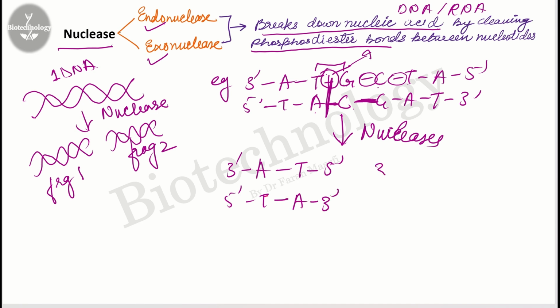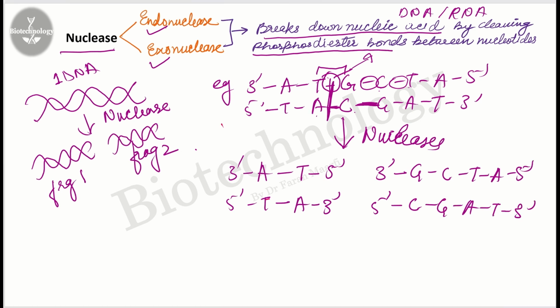And from this side, it would be like G, C, T, A, 5 prime, 5 prime, C, G, A, T, 3 prime. This whole process is called hydrolysis. During this process, nucleases utilize the water molecule to cut down the DNA into fragments.